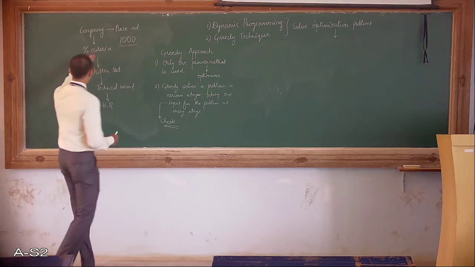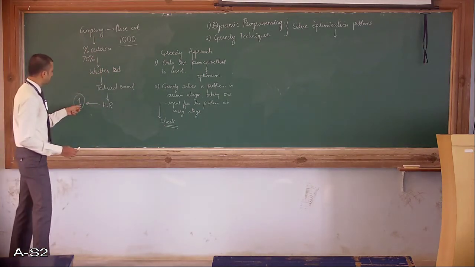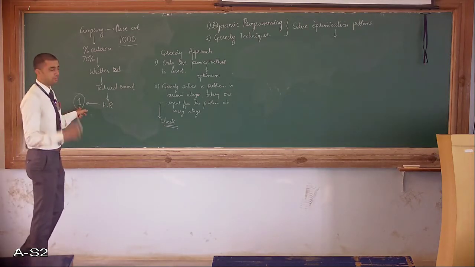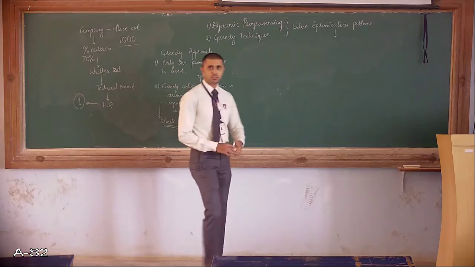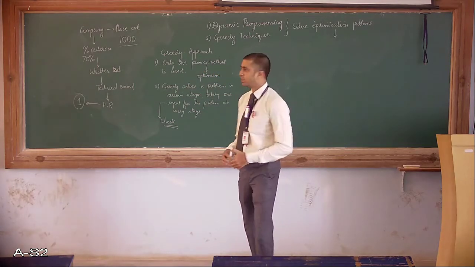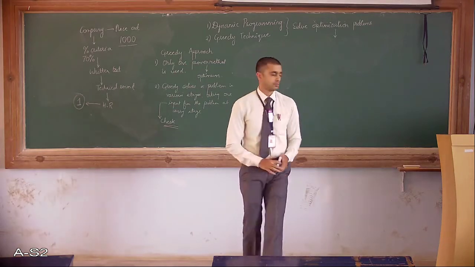So you applied certain filters at every stage, and after applying filters, you came up with one best student. So this is what is called a greedy approach. I hope the difference between dynamic programming and greedy approach is clear to you with these two examples given to you.